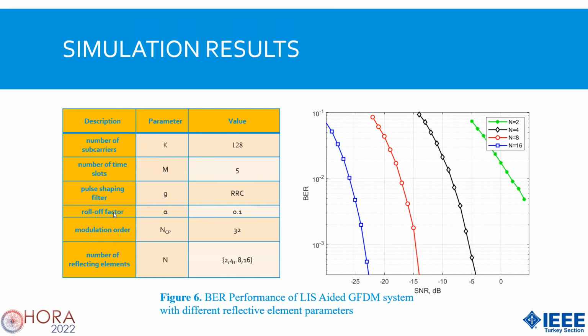The roll-off factor changes according to the figures. Then the modulation order, the cyclic prefix length, and lastly the reflecting elements for this surface.